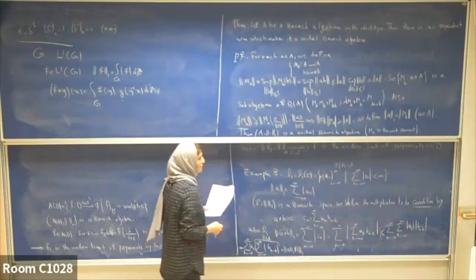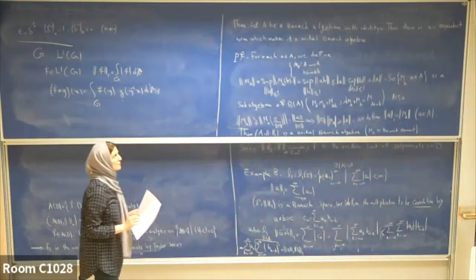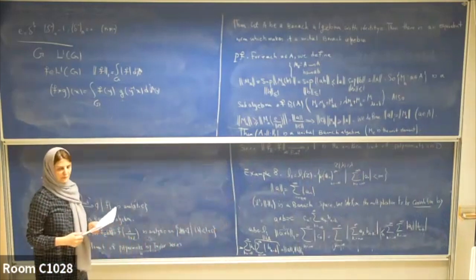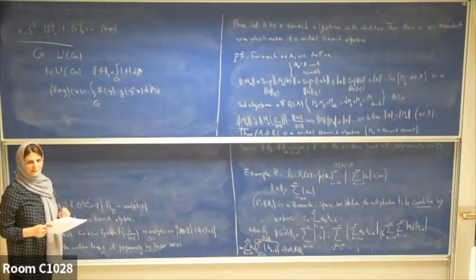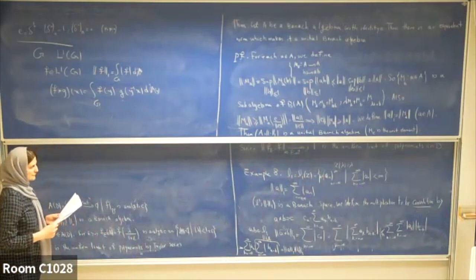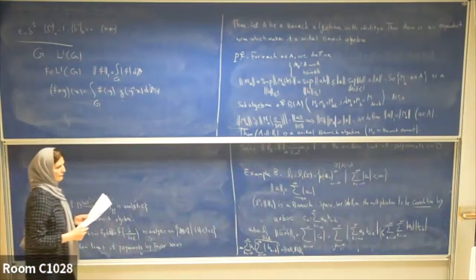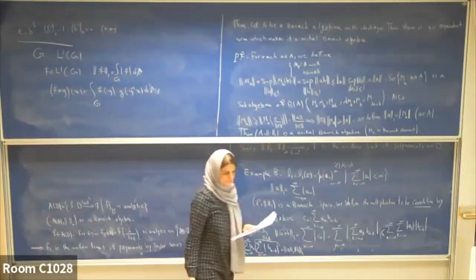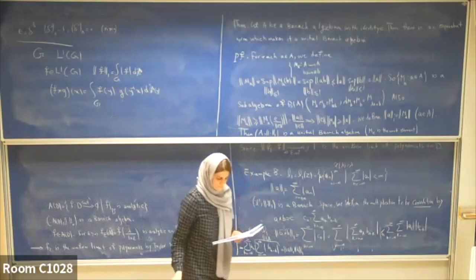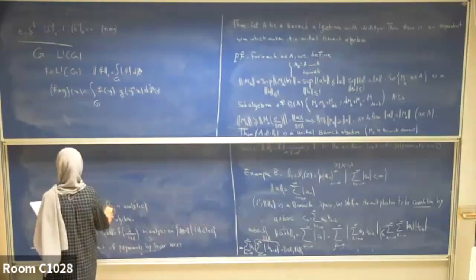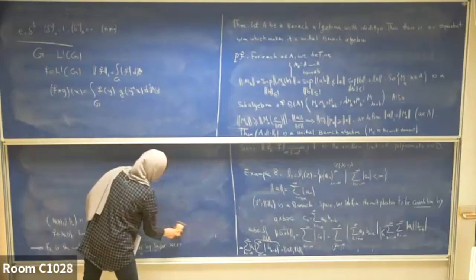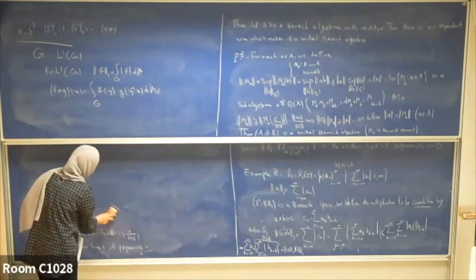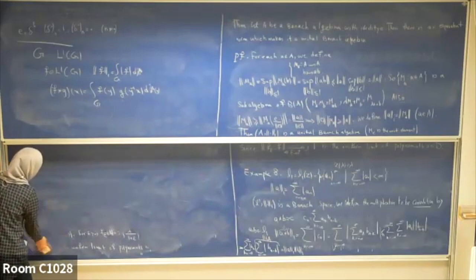Okay, so by moving to an equivalent norm, we can normalize the norm at the identity element or unit element.